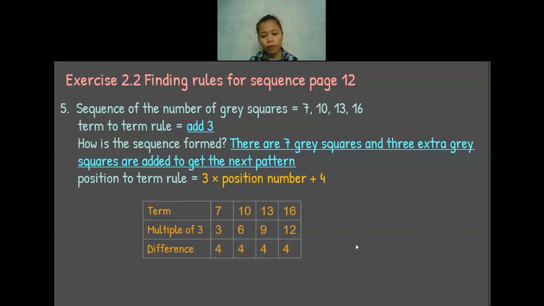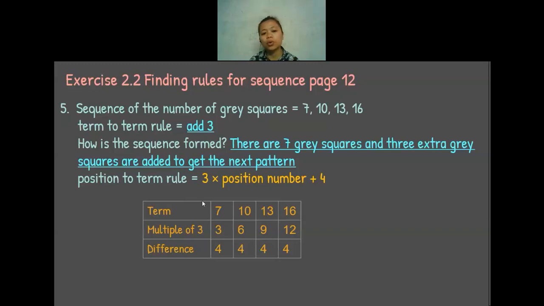No? Okay. To find the position-to-term rule, I will just make a table again. It will be easier for us to find the position-to-term rule by writing down the sequence in a table. So we have the terms, which are 7, 10, 13, 16.